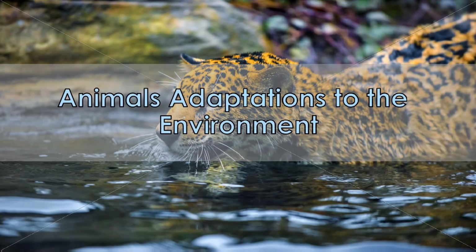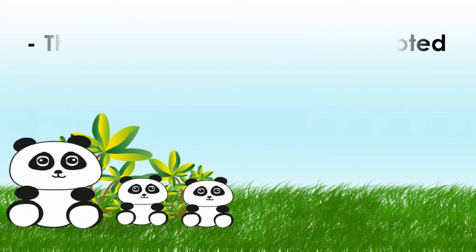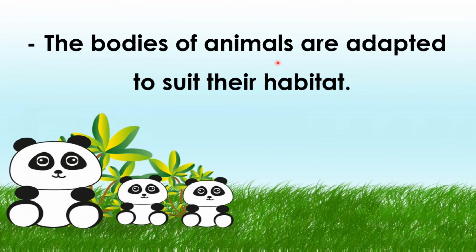Animals' adaptations to the environment. Animals adapt to the environment in order to live. The bodies of animals are adapted to suit their habitat. That's why there are some features of animals that we may not understand.